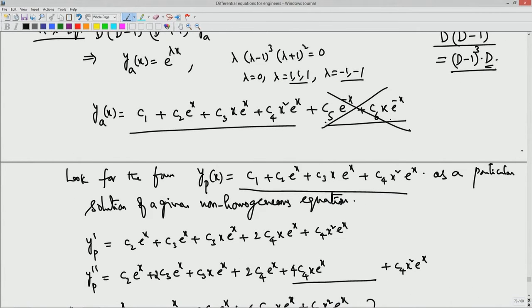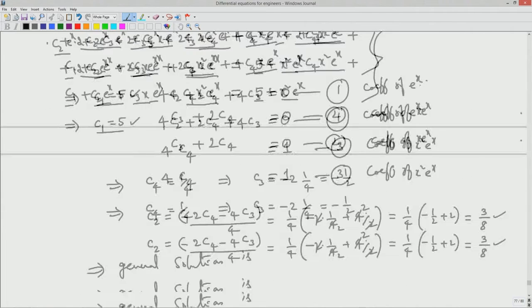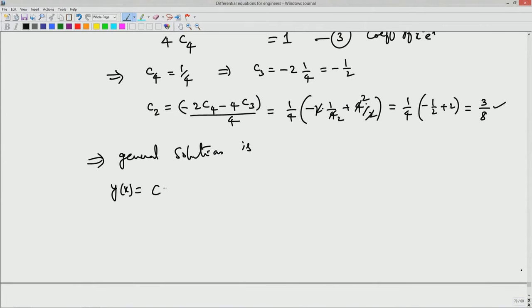This one, C5 e power minus x, and C5, C6, they are arbitrary constants. Let me write it as D1 if you want to call this, or you keep them as it is, C5 e power minus x, C6 x e power minus x. This is the general solution of the homogeneous equation plus the particular form.